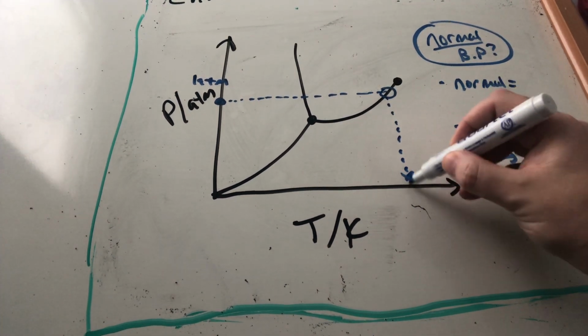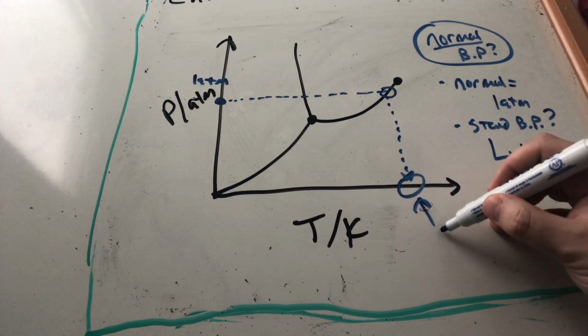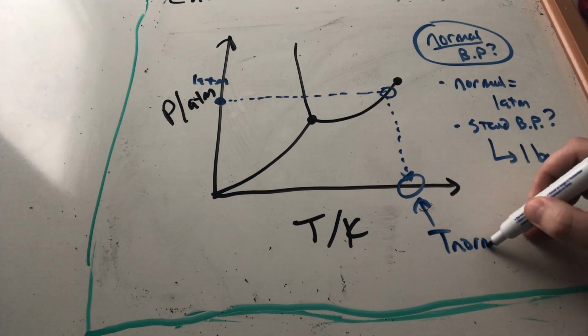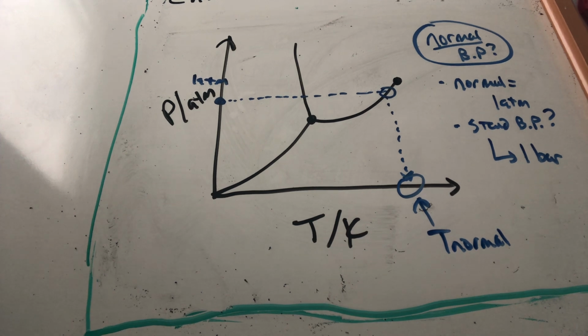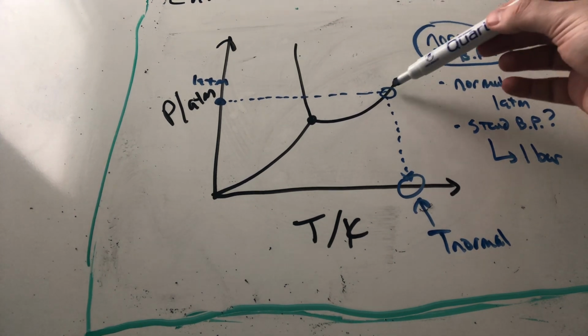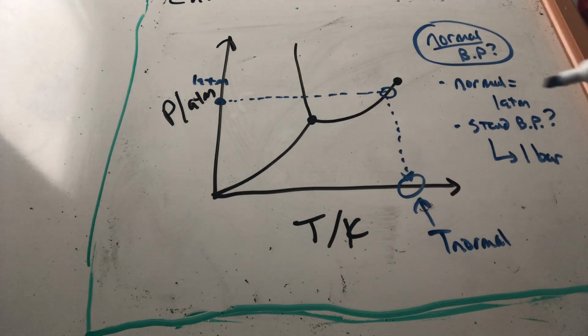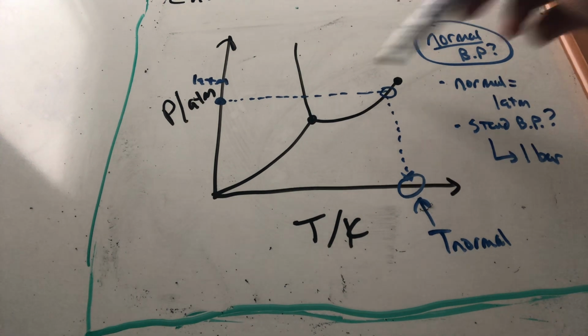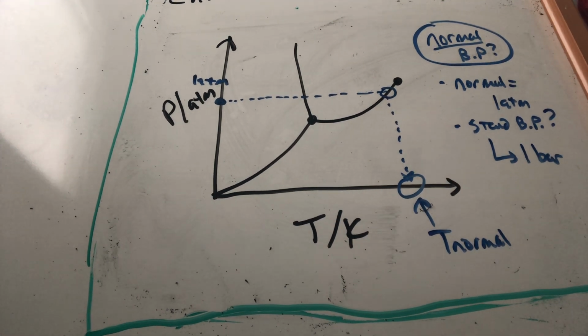I come on down here, and then this is my normal boiling point. So think about why that makes sense. This is where gas and liquid coexist at that 1 atmosphere of pressure. You would do the same thing to get a standard boiling point. You would do this analysis, okay?